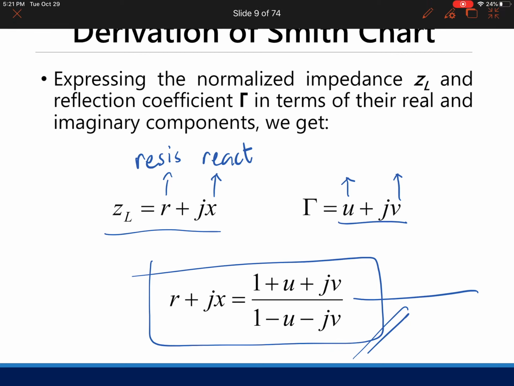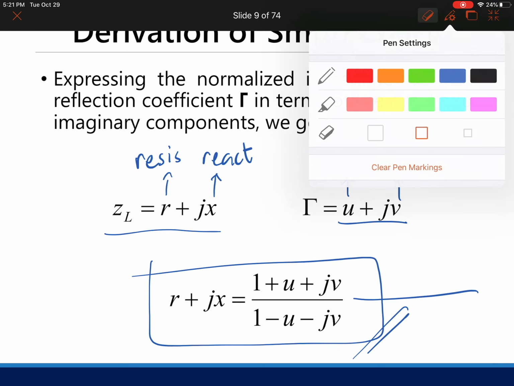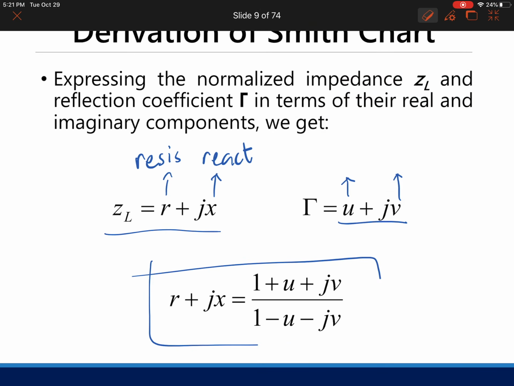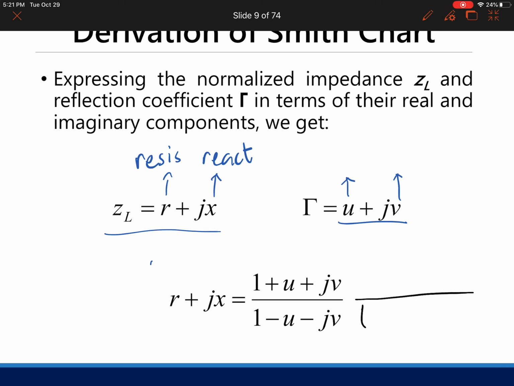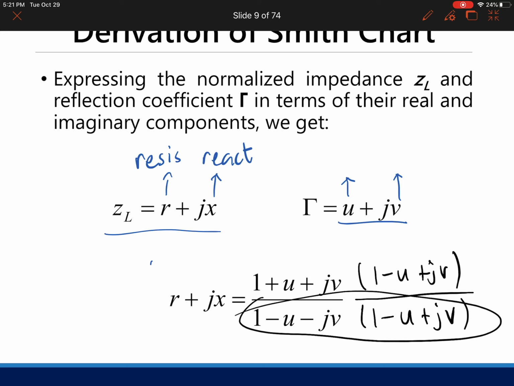Let me clear that so it would be easier to understand. If we multiply this by the complex conjugate, which is 1 minus u plus jv, the denominator will become purely real, and what separates the real part and the imaginary part is defined by the numerator.